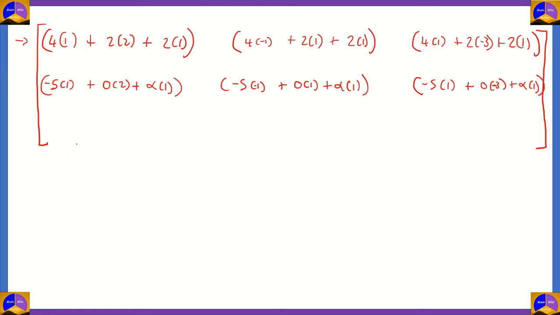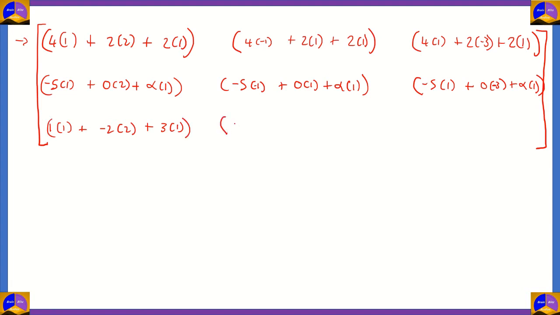Now we'll move on to the third row. Again, here we multiply the third row of the first matrix with each of the three columns. So when we do that, you get 1 times 1 plus minus 2 times 2 plus 3 times 1. That is your first element.